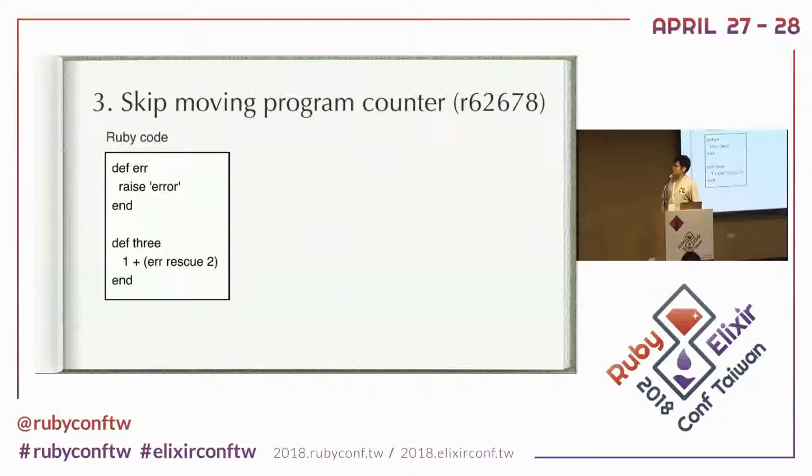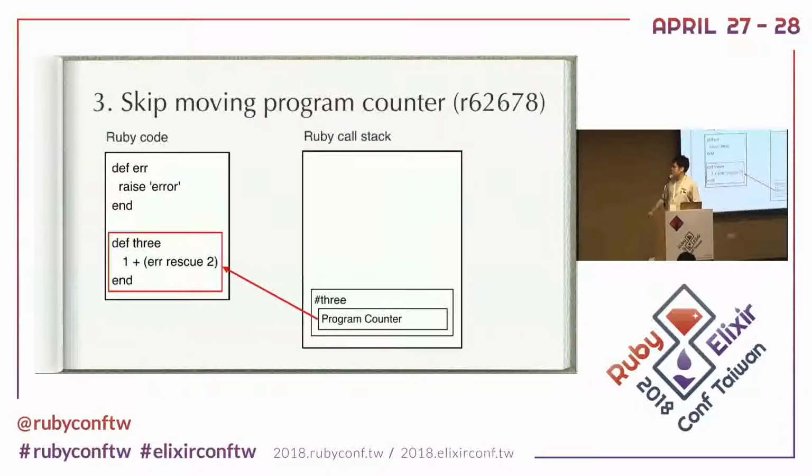So let's see another optimization for the Ruby VM. I also optimized the program counter. It's like this. When this 3 method is called, the program counter points to the currently executed position, and it points to the error call when it reaches the error method.